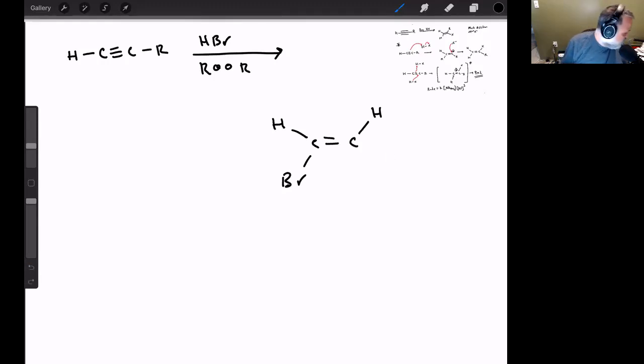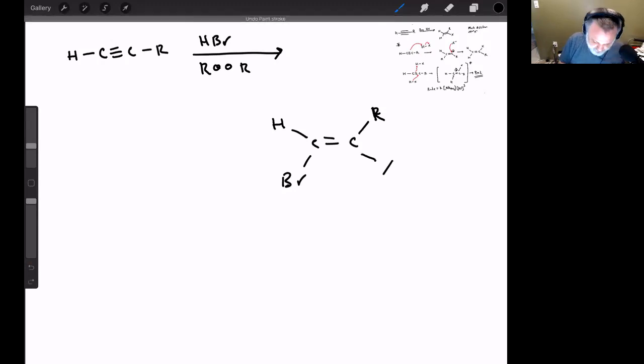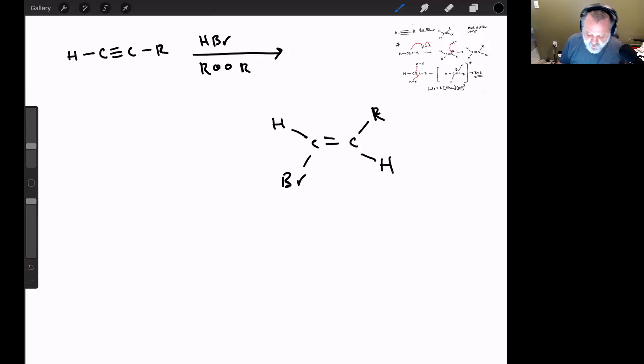Usually the trans product is the one that's predominant. Let me try to draw this correctly for the final time. There we go. So the trans, or remember the E, the entgegen, the opposite stereochemistry, is preferred. So remember, this is anti-Markovnikov, and usually the stereochemical consideration is that E is favored.